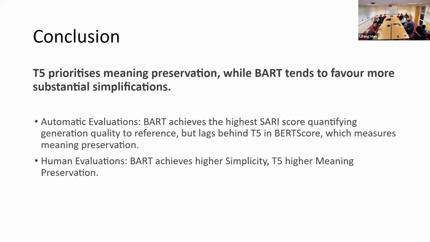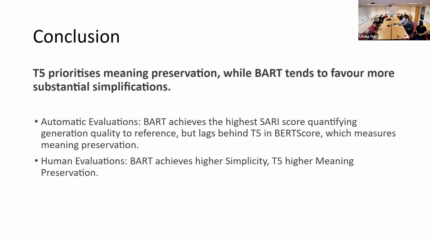In conclusion, for automatic evaluation, BART achieves the highest ARI score, which quantifies the generation quality relative to the reference. However, it lags behind T5 on BERTScore, which measures meaning preservation after simplification.